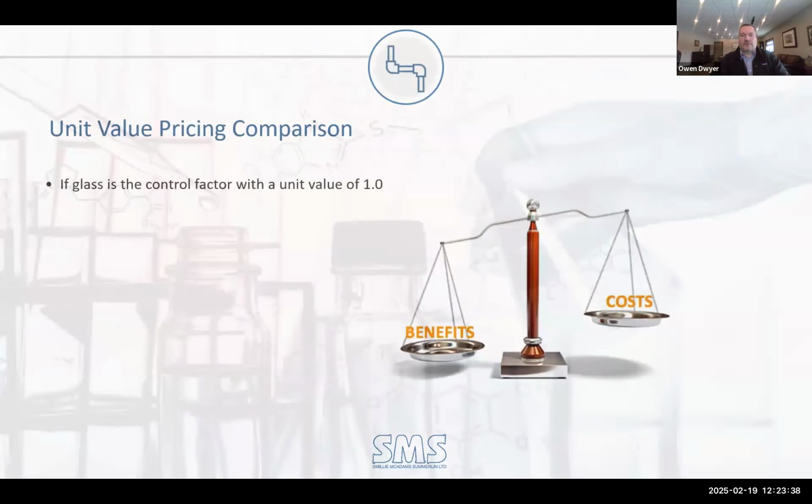So unit value comparison, if the glass has a control factor of 1, PVDF is fairly close. It's about 25% less than the value of glass in a system. And you can see why, if you're looking at a corrosive waste system, you would look towards polypropylene as a main focus.